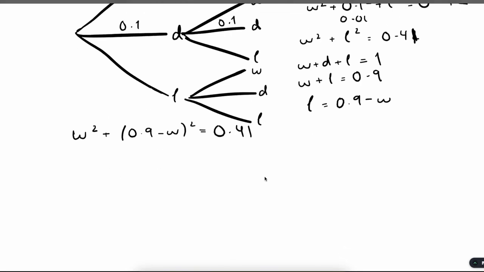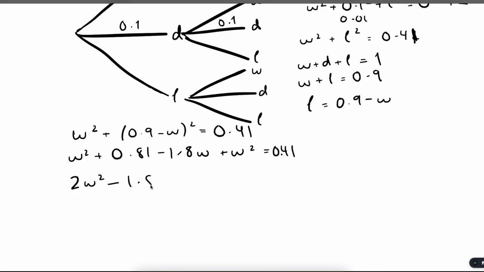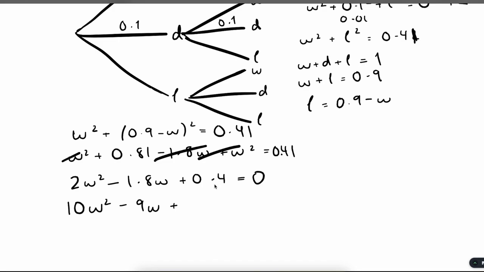Okay. So that's W squared plus 0.81 minus 1.8W plus W squared equals 0.41. So now if we collect like terms, then we've got 2W squared minus 1.8W. So we've dealt with those and those. So now we've just got to subtract that, and then we get plus 0.4 equals 0. Now we can multiply each of these by 5 to get 10W squared minus 9W plus 2 equals 0.